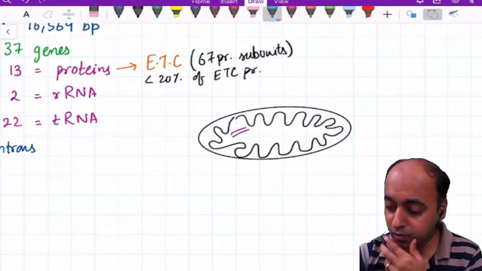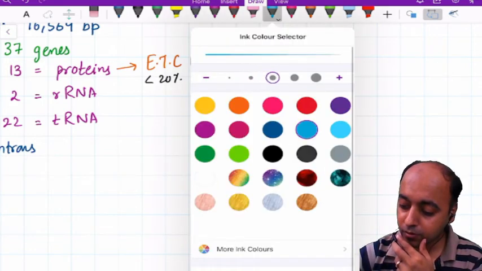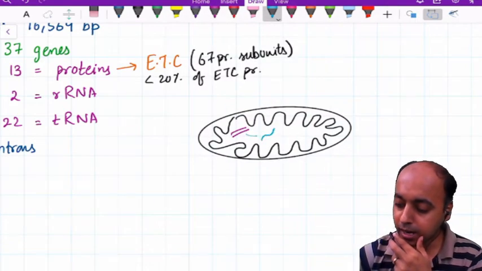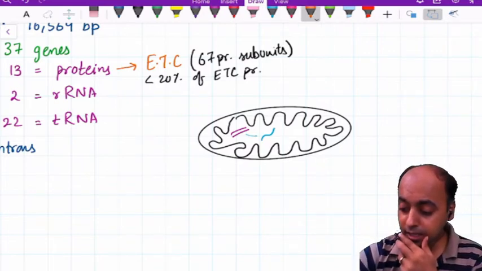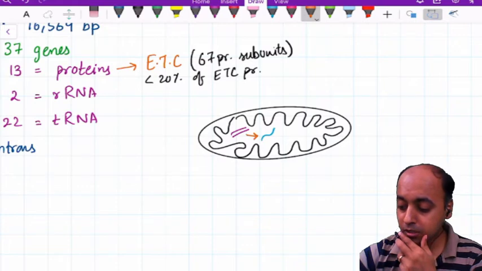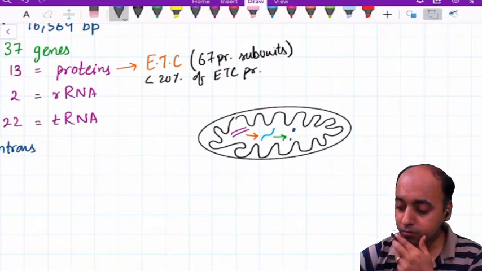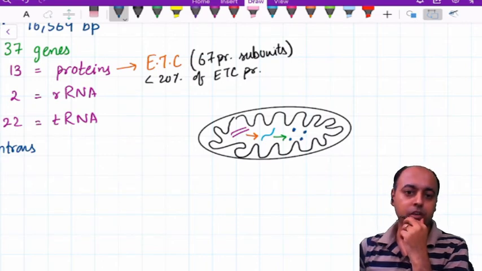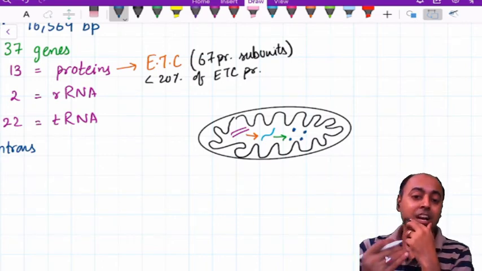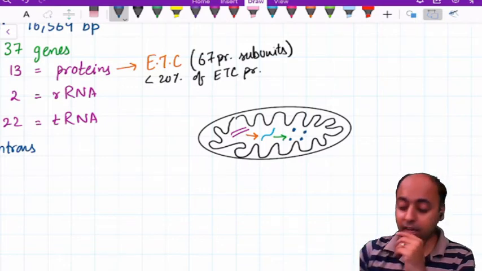From this DNA, when you make the RNA, the synthesis of RNA is occurring in the same compartment where finally the formation of protein is going to occur. Now, because intron is not there, we don't need to modify the RNA after transcription.